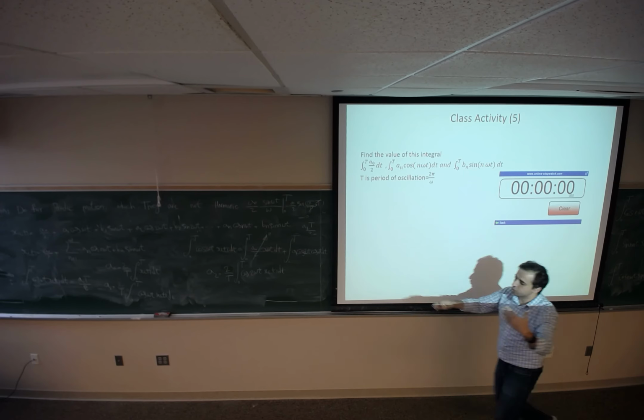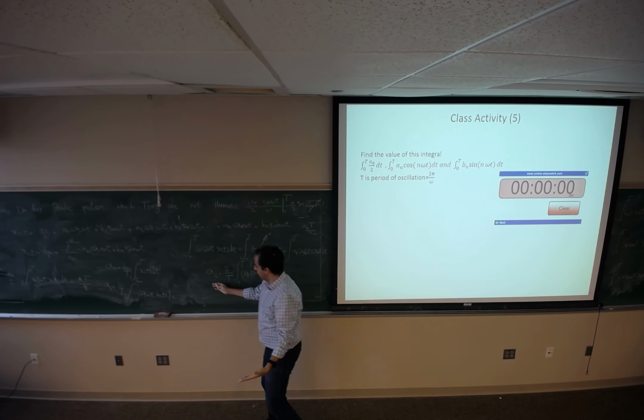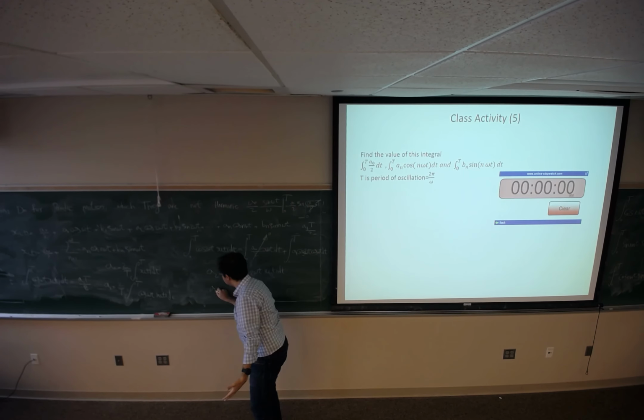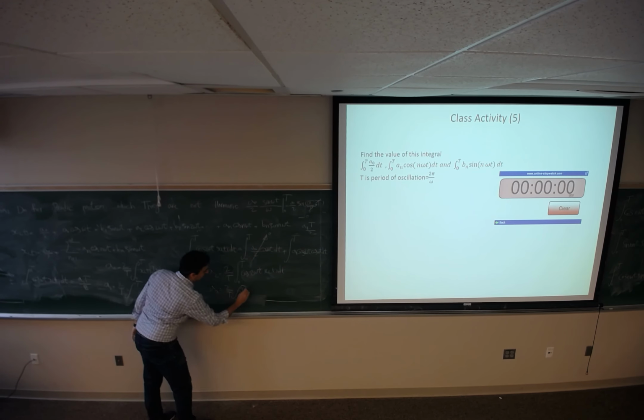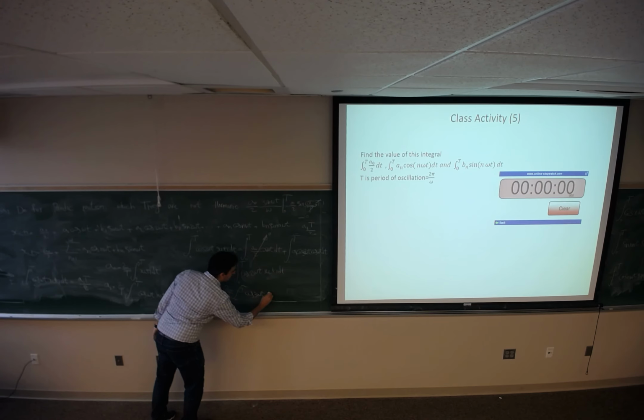Same thing for A3. A3 would be 2 over T integration of cosine of 3 omega T, x of T, dt.